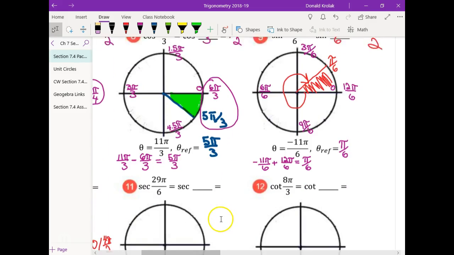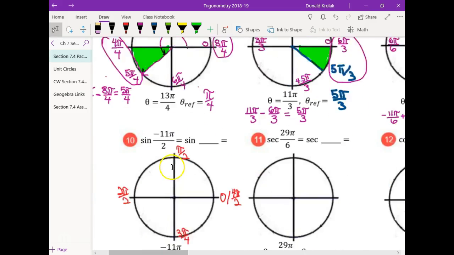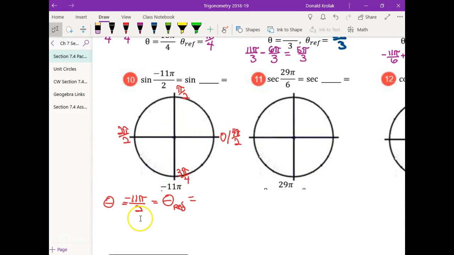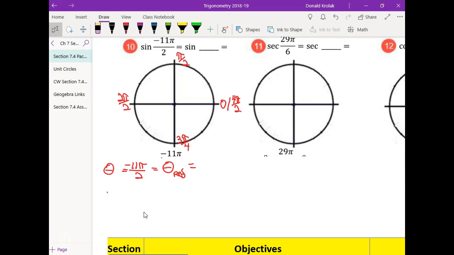Okay, and that's the same as what we've been doing, guys, with the arithmetic here. 11 pi over 2. Every time we go around the whole circle, that's 4 pi over 2. So if we drew that angle and then unwrapped it until we ended up with a positive angle, we end up with pi over 2.